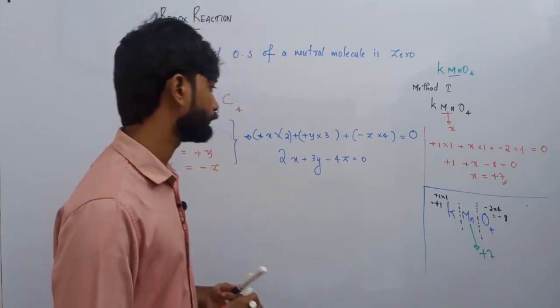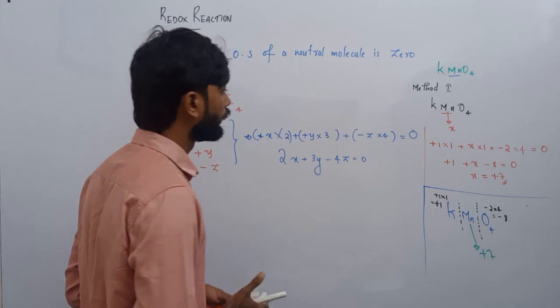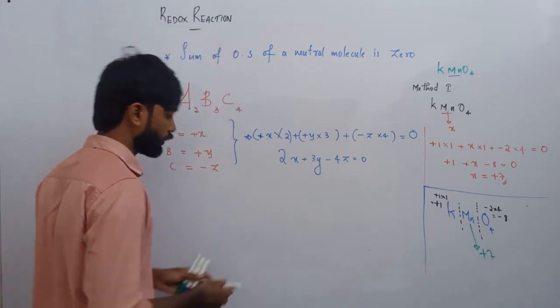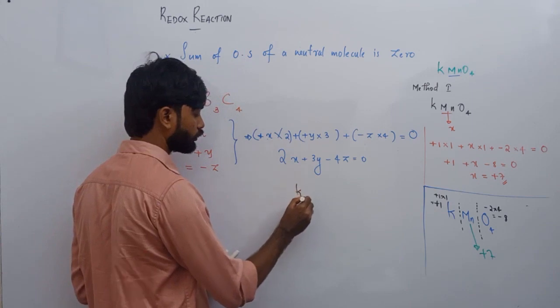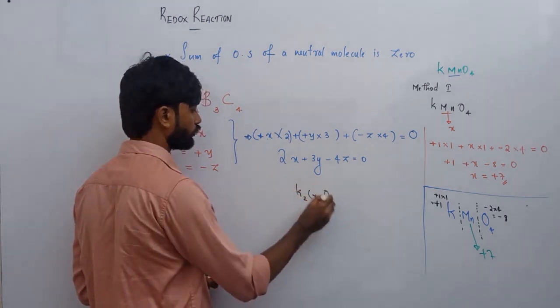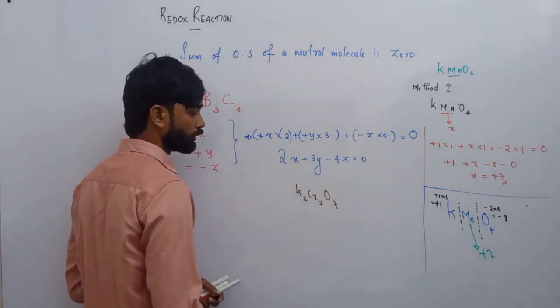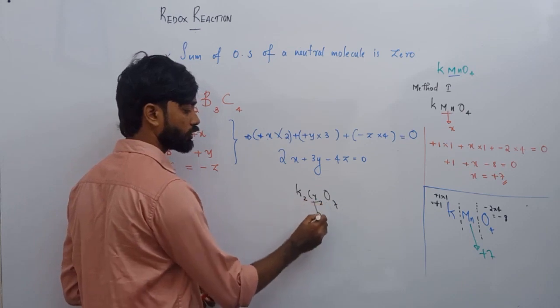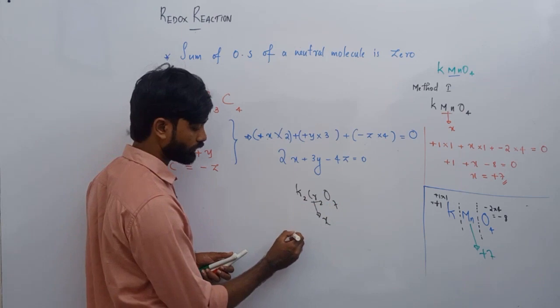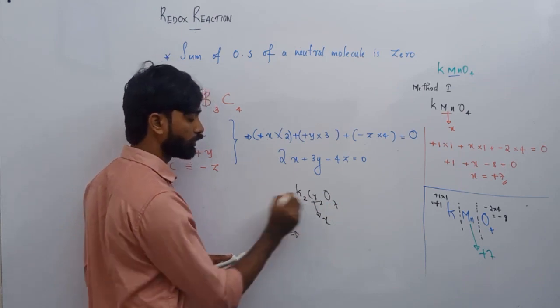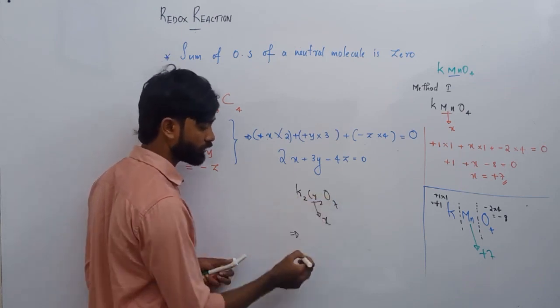I'll give you one more example. Listen. If I have K2Cr2O7 and you're asked to find the oxidation state of chromium, put it as X. The first idea: the sum of oxidation states will be 0.